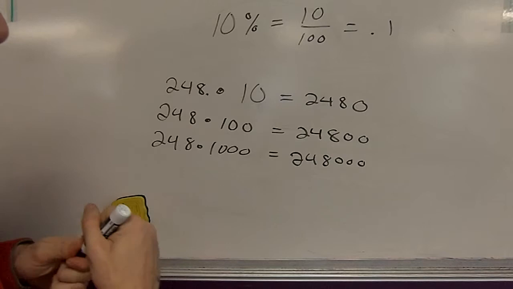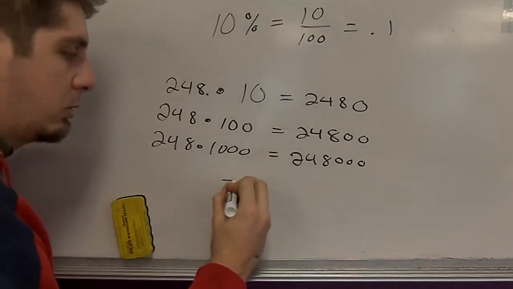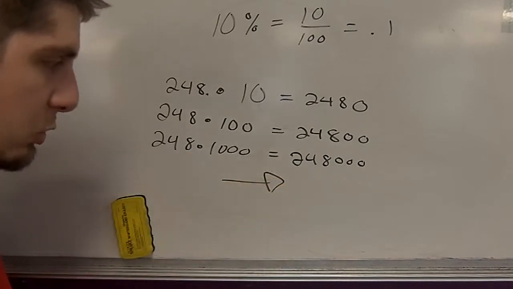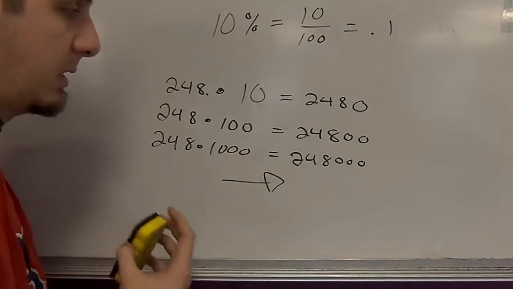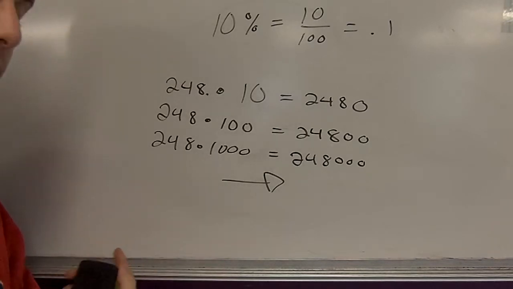Now, when you multiply, the decimal is moving to the right. Multiplication and division are opposites, so that means they function in opposite ways.